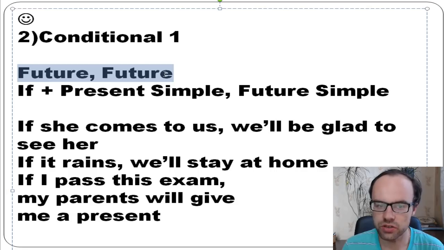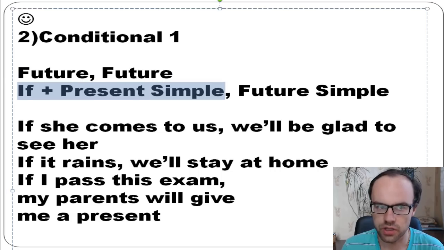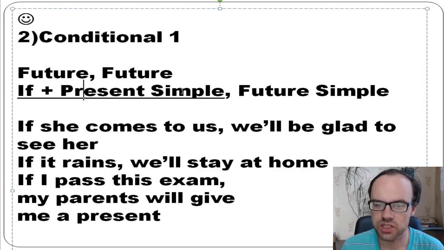But you need to remember one rule, that you use present simple after if. Right, you talk about the future, but you need to use present simple. It's very important. You use it after if or when, and then you use future simple.